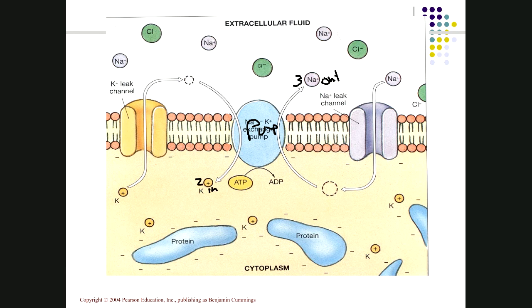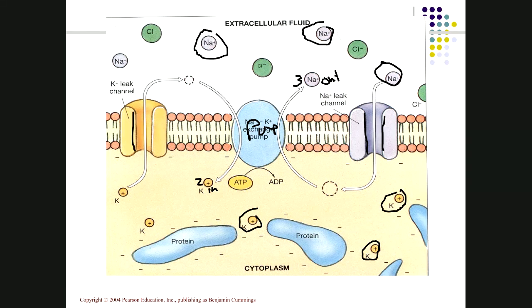And so we're going to build up sodium here on the outside, and we're going to build up potassium on the inside. But what's going to happen is when you create those gradients, since we have these open channels for both sodium and potassium, sodium's going to leak down its gradient, so sodium's going to tend to come back in. And potassium's going to leak down its gradient, so potassium's going to tend to go back out.